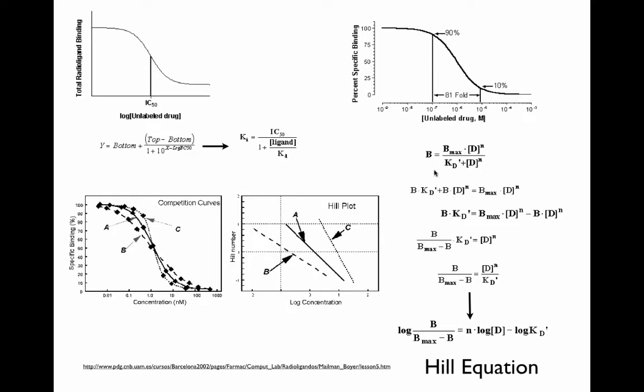And here are the equations to be able to understand this. Here's the derivations for the Hill equations. Here's the competition curves. You can also linearize this, where A is the Hill slope of 1. That indicates no cooperativity, or they're independent. B is negative cooperativity, and C is positive cooperativity.